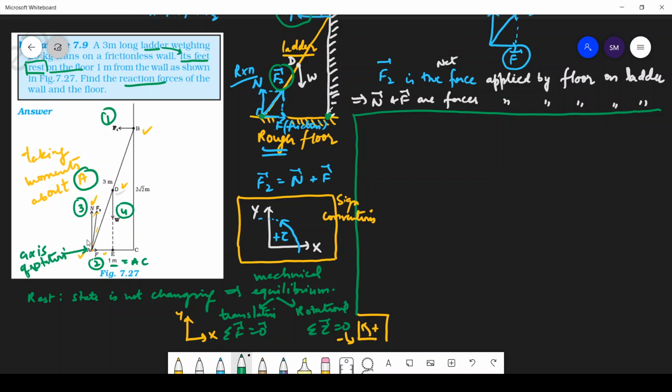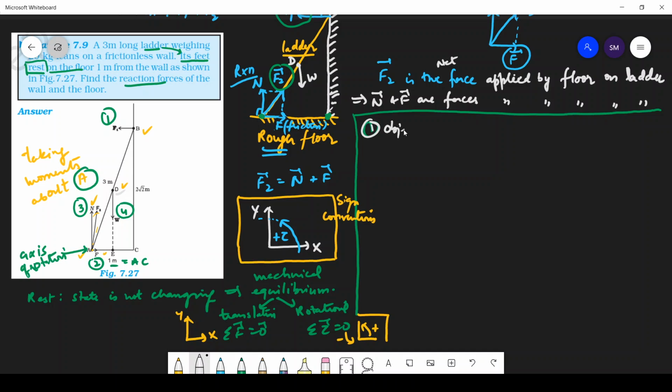Okay, so what are the things that you are going to do in all the questions? First thing is, in all these questions you have to select the object to which the equations of equilibrium are going to be applied.